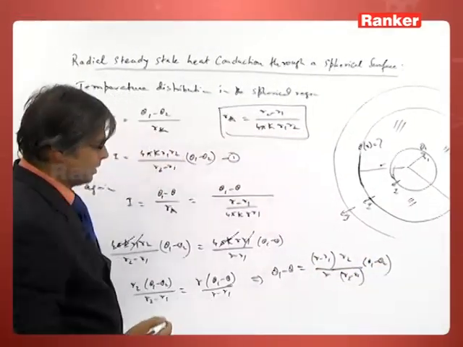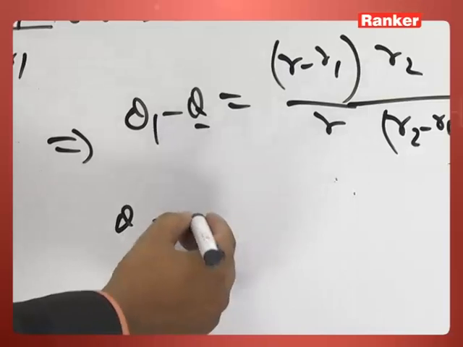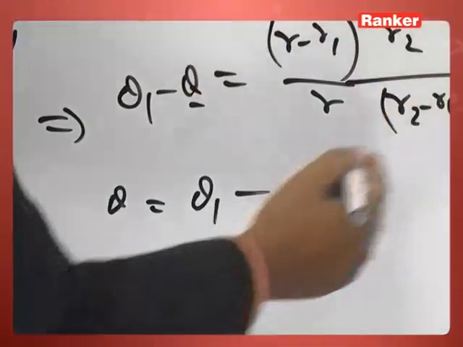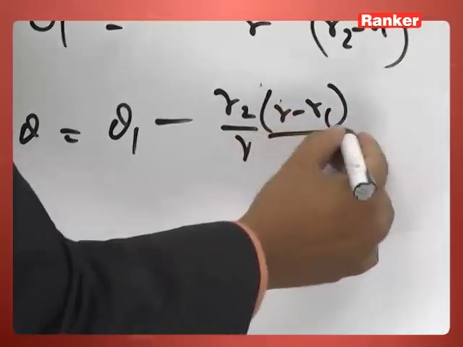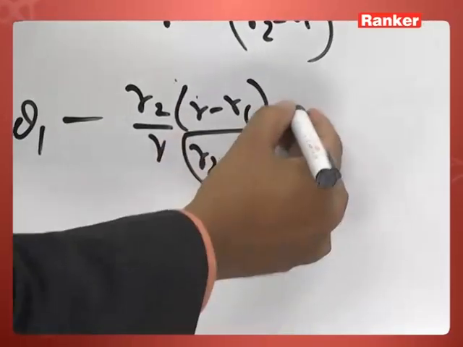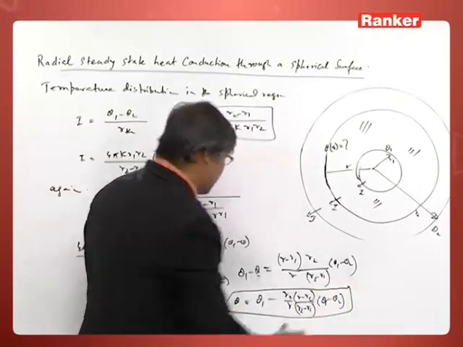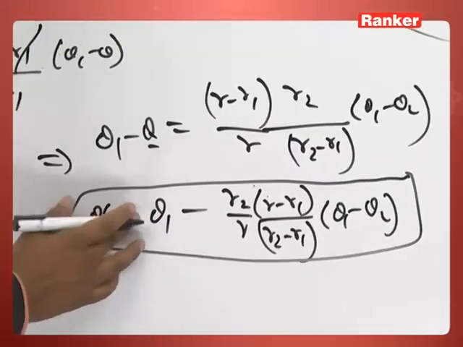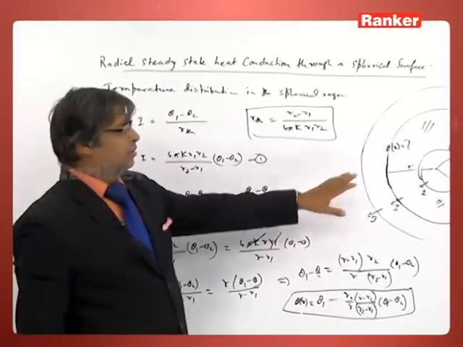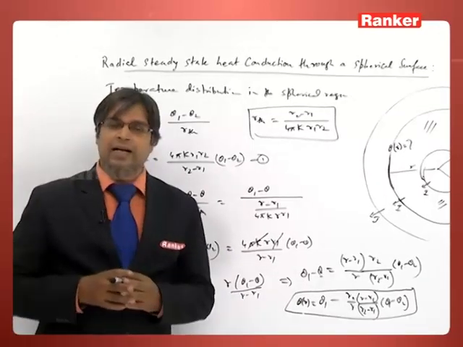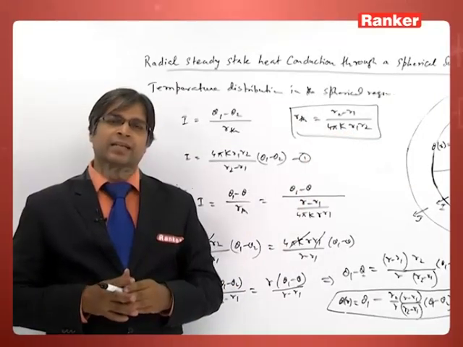This is the expression we get. I have to calculate theta, so we bring this side, and theta will be theta 1 minus this quantity. This is how the temperature varies with R. Temperature varies with R like this.